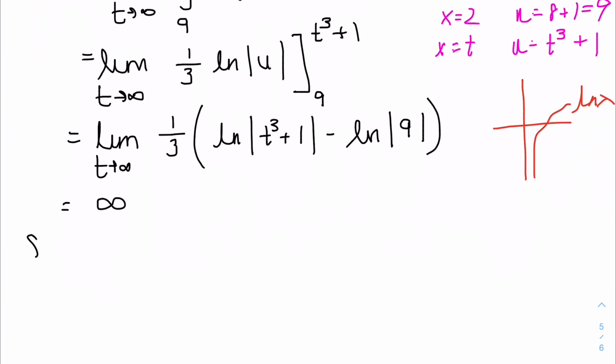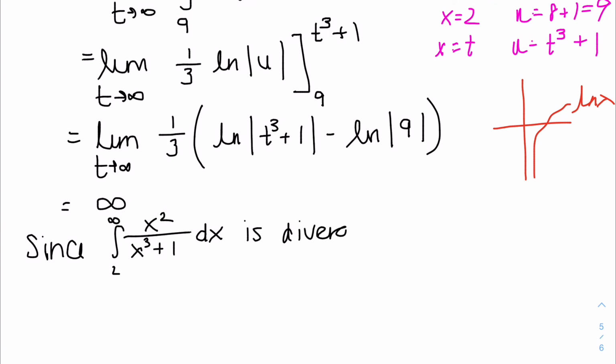So since the integral from 2 to infinity of x squared over x cubed plus 1 dx is divergent, our series has to do exactly the same thing because we satisfied all the hypotheses.